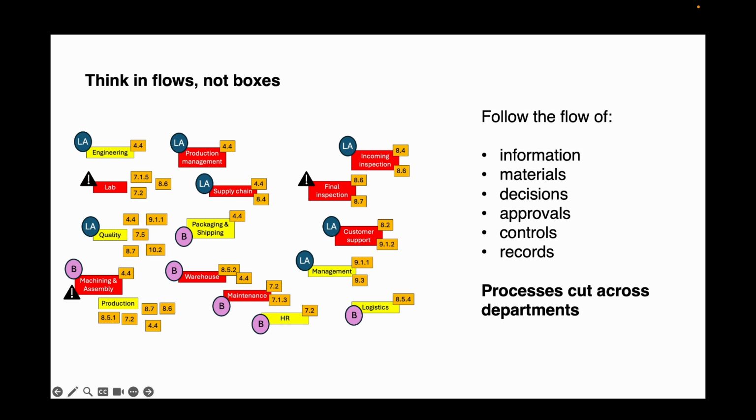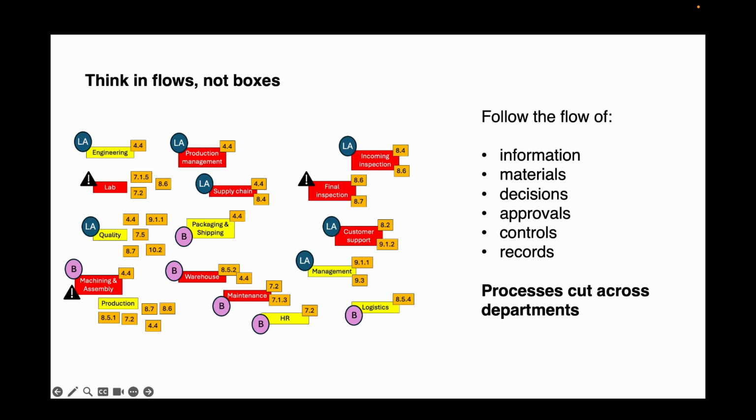The audit route should therefore follow the flow of what is being planned, produced, checked, released, delivered, and reviewed. This is a big shift for less experienced auditors. Instead of asking which department comes next, we should ask, where does the evidence flow next?